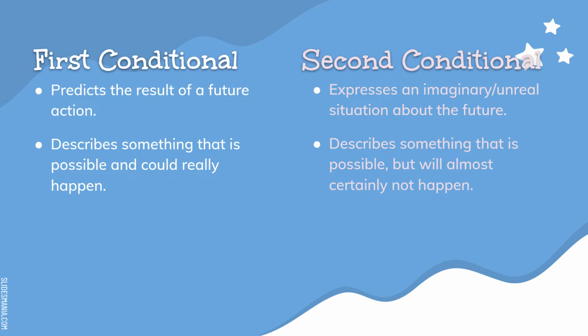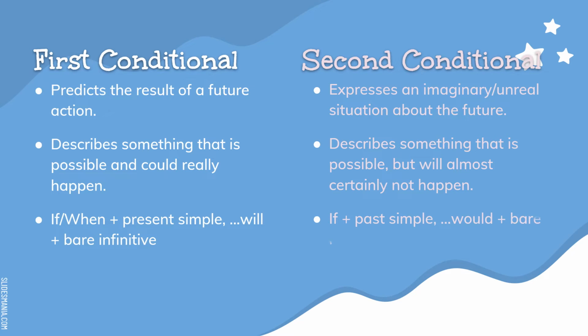The first conditional is formed with if or when or as soon as, plus the present simple, and then will plus bare infinitive. That would be the future with will. The second conditional is formed with if plus the past simple, and then would plus the bare infinitive.